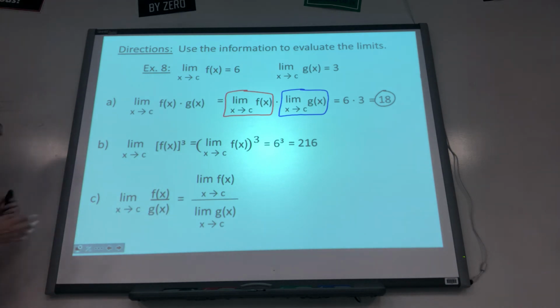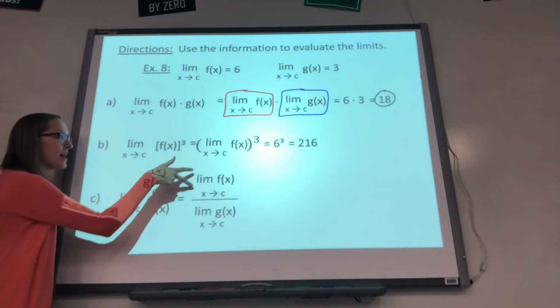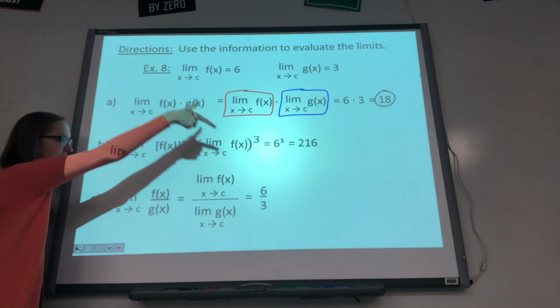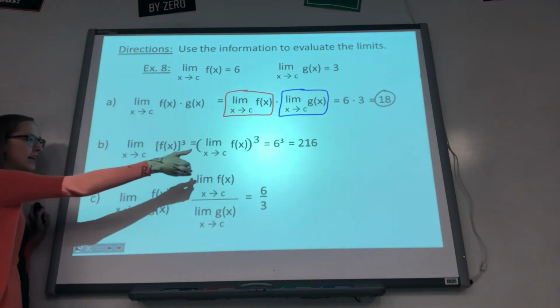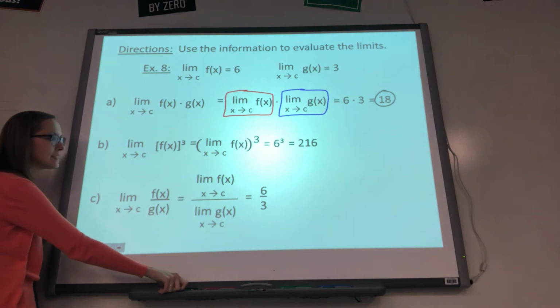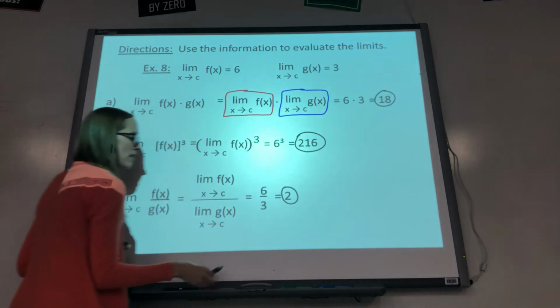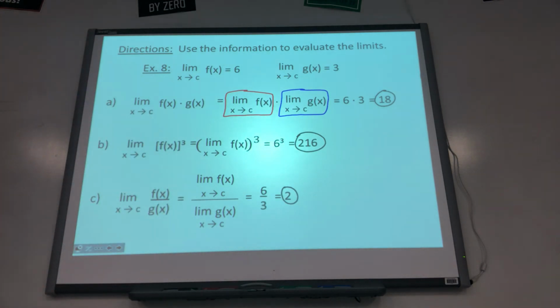Looks a little weird up there, but it's like taking the limit of f of x divided by the limit of g of x. So put those in. Limit of f of x was 6. Limit of g of x was 3. 6 divided by 3 is 2. So that would be it for part C.